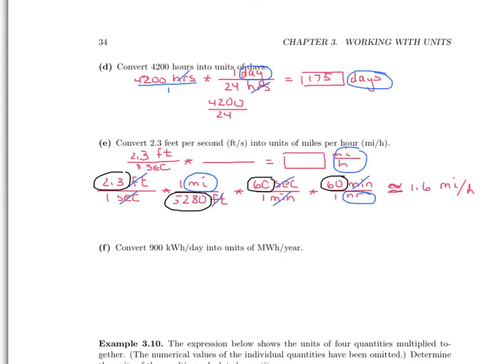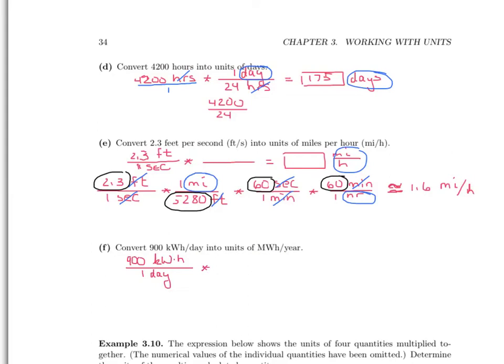So let's start. We always begin by writing down what we know. We're given 900 kilowatt, and remember this is kilowatt times hours, so I'm going to write it that way. And this is per day, so we're going to write this as a fraction over 1 day.